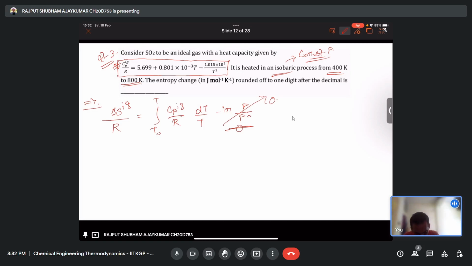So, because the process is isobaric, it will now be simplified.